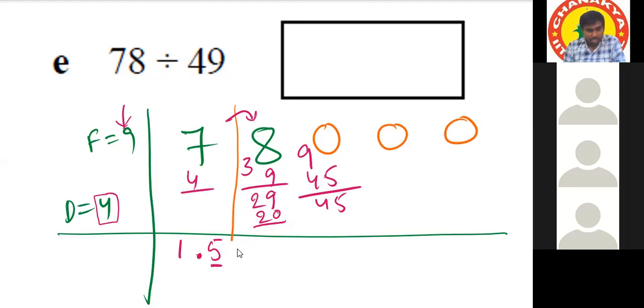If it is 9 times, 4 9s are 36 and the remainder is 9. Yes, it is possible further. Yes or no? Yes, sir. That's all. So here 1.59 is the answer for this question.